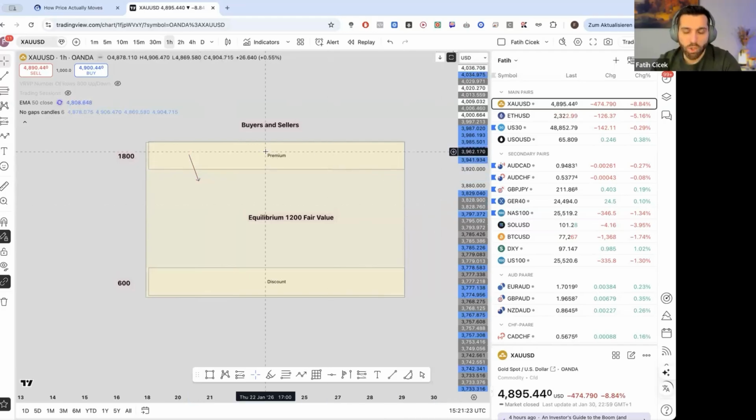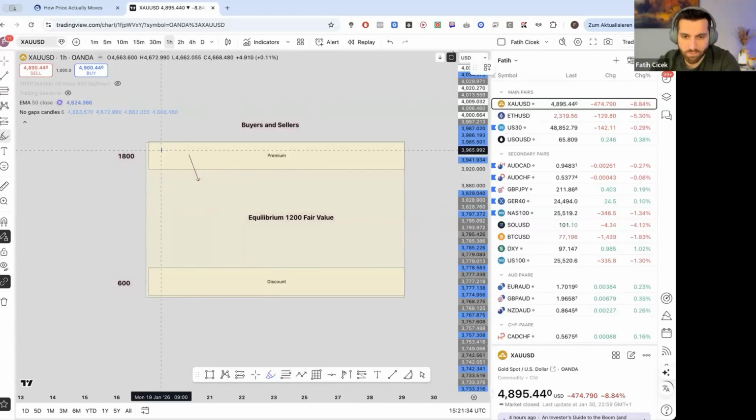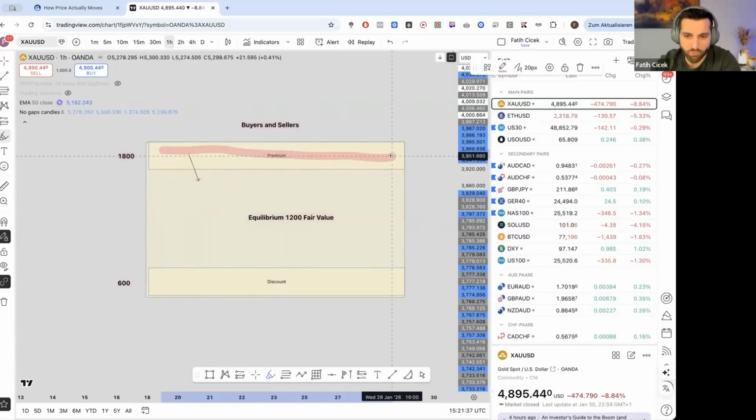Okay? All right, once the price actually sits at 1800, imagine all these sellers who insisted on selling the iPhone for 1800. Do you think they're just going to wait? What are they going to do?